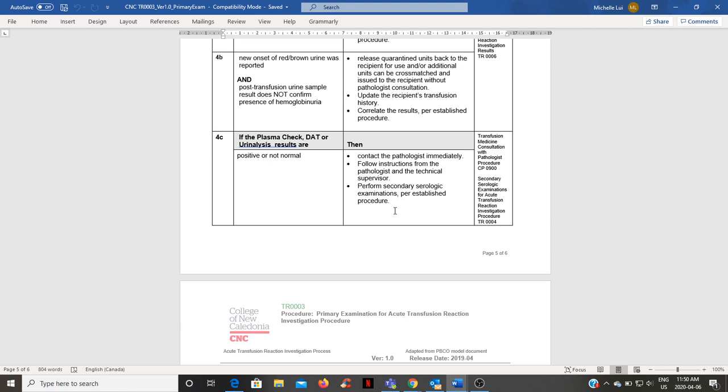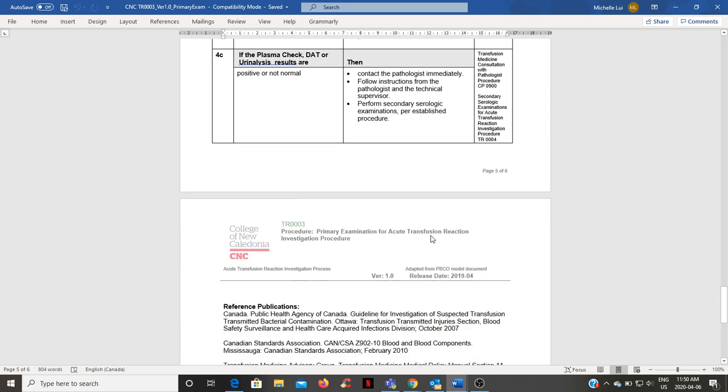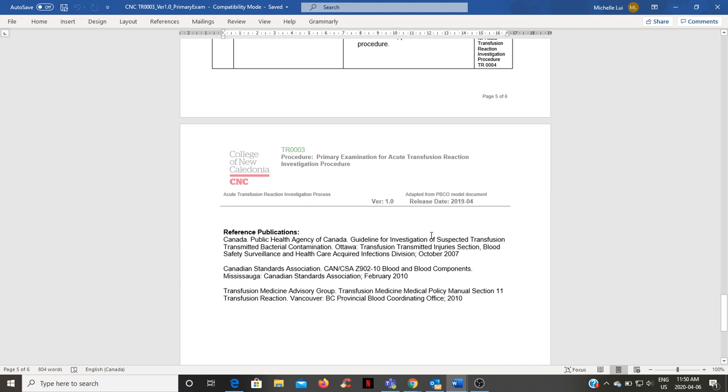And they're going to know that you are doing an investigation, so that won't be a surprise. So your questions just go this far to say, would you perform a primary exam in this case? And we're going to kind of end it there. If something was positive, we would continue on and do the secondary exam.